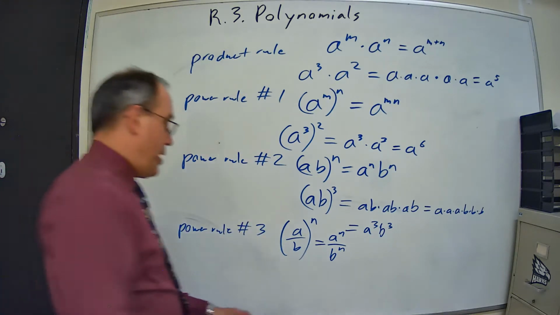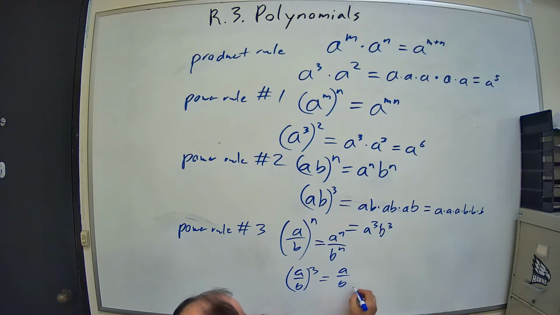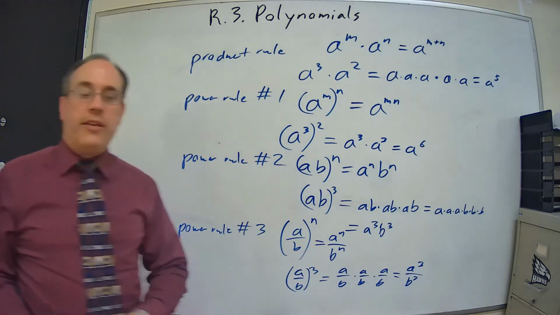And again, same idea. If I have a over b cubed, that's a over b times a over b times a over b, which is equal to a cubed over b cubed. So we see that we can distribute that through.